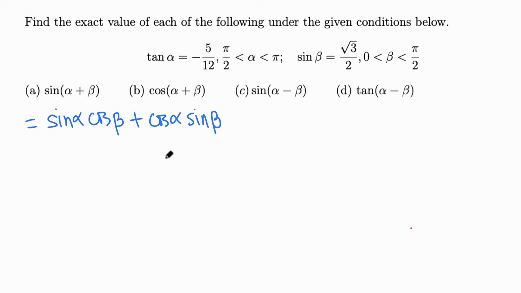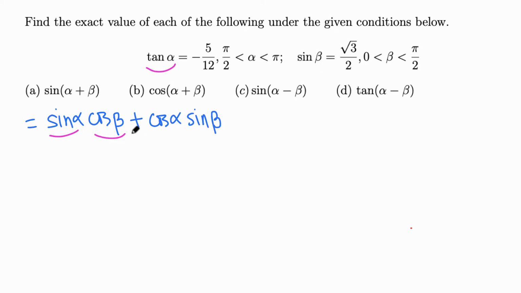That means to find the value, we need the value of sine alpha, which is not given. Based on tangent alpha, we are supposed to find sine alpha. Cosine beta should be found using sine beta, and cosine alpha from tangent alpha. Sine beta is given.